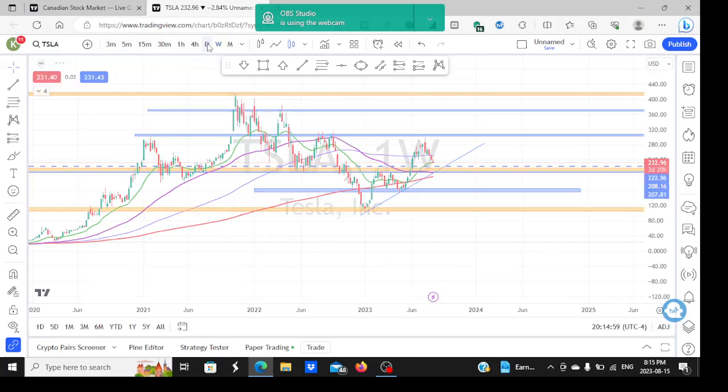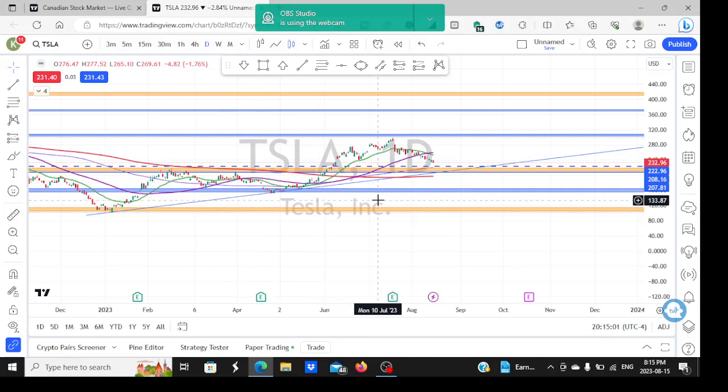So right now in our daily, we are coming down to this key level. If you draw a line from here across there, we're looking at 220. So Tesla can come down to 220 and then bounce off this zone. This is a monthly zone, so this is a strong zone right in this area.